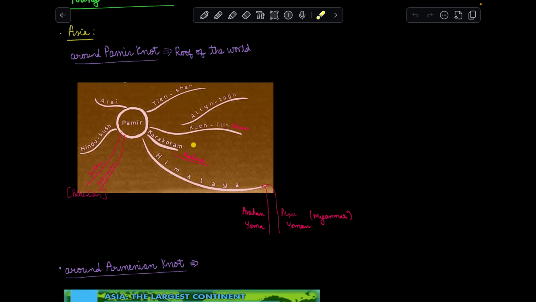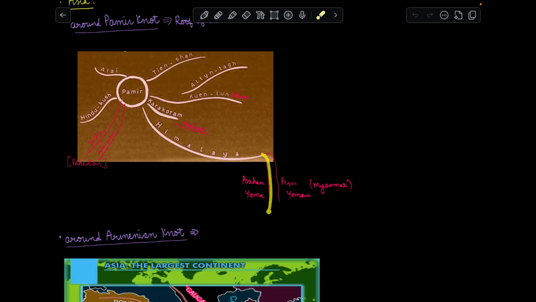There is also one more range here, the Kailash range, which is in Nepal and China. These are the syntaxial bend of the Himalayas, which are the Arakan Yoma and Pegu Yoma. Pegu Yoma is in Myanmar.